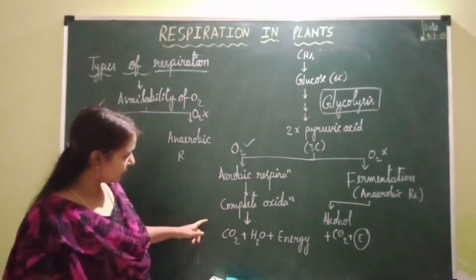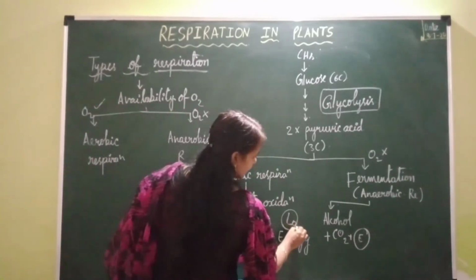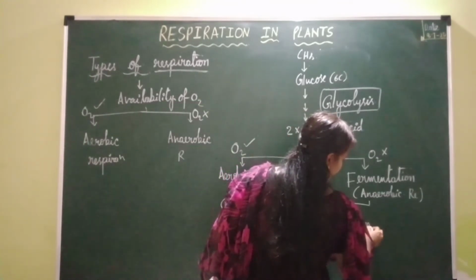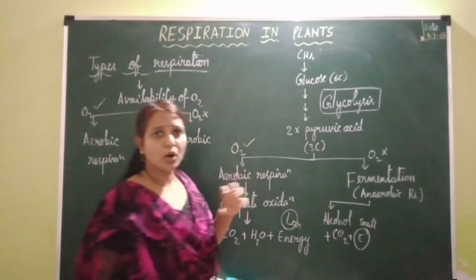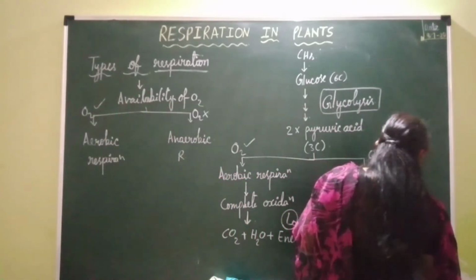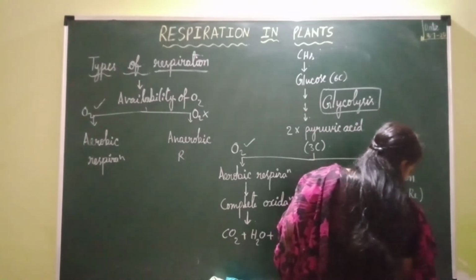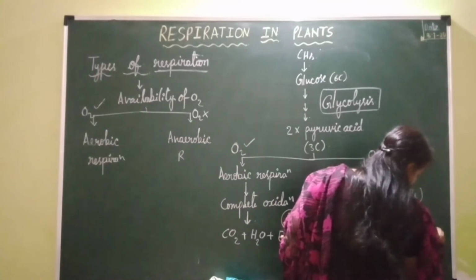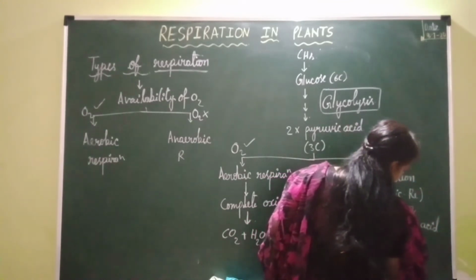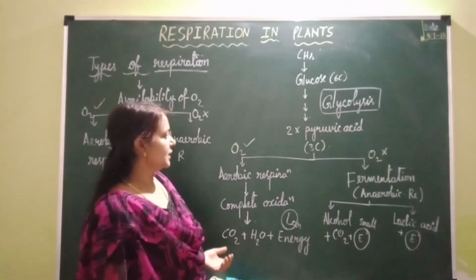Whereas in aerobic respiration, a very large amount of energy is released, while in fermentation or anaerobic respiration, a very small amount of energy is released. Pyruvic acid can form lactic acid also in some organisms in the absence of oxygen, and lactic acid plus a very small amount of energy is released.